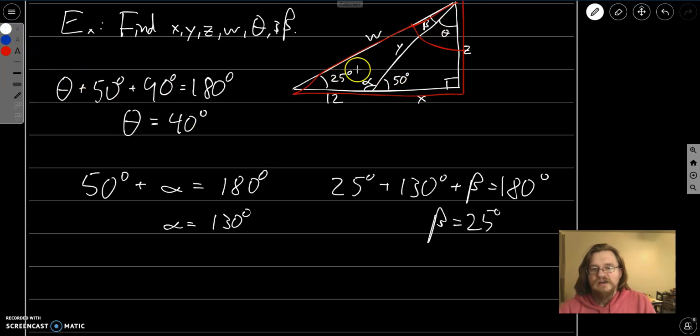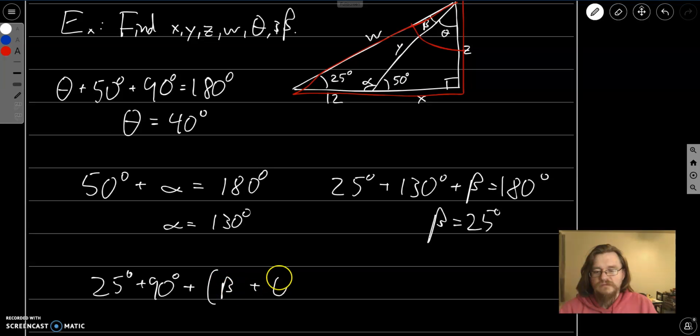So this big triangle has a 25-degree angle, a 90-degree angle, and beta plus theta. But I already know what theta is. It was just 40.